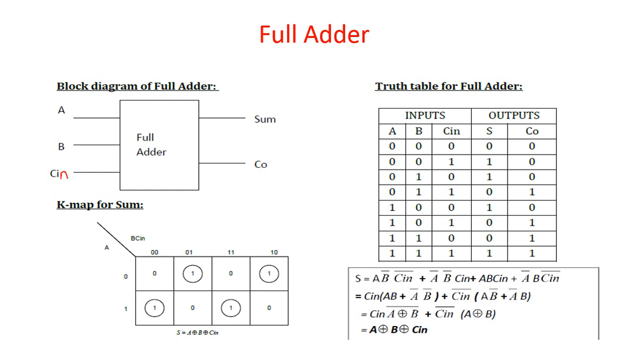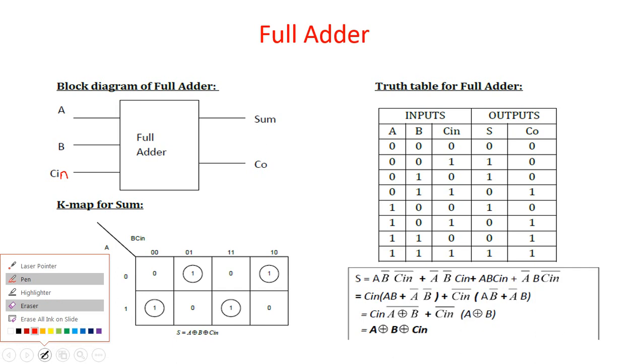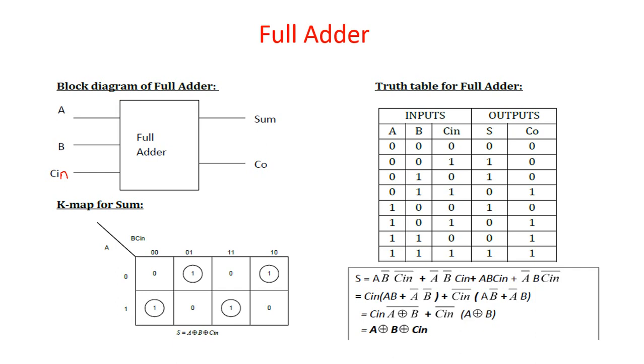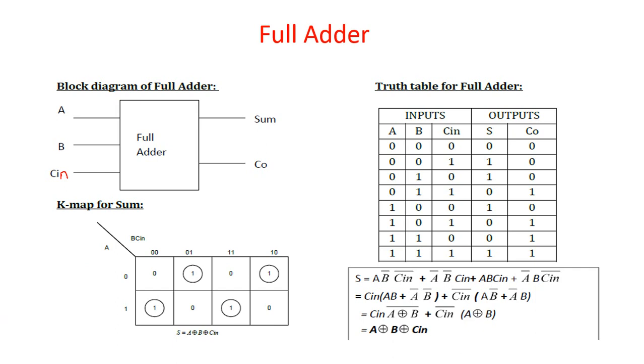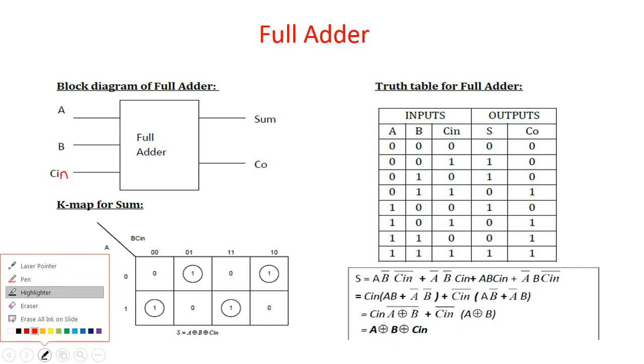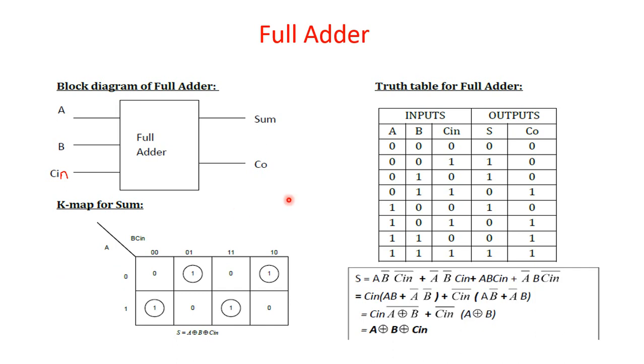The outputs are sum and carry out. For the input 0, 0, 0, the sum is 0 and carry is 0. For 0, 0, 1, sum is 1 and carry is 0. For 0, 1, 0, sum is 1 and carry is 0.